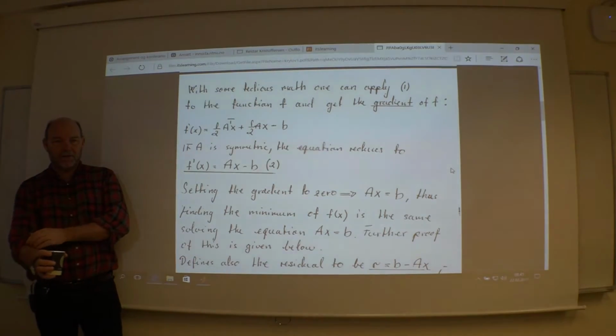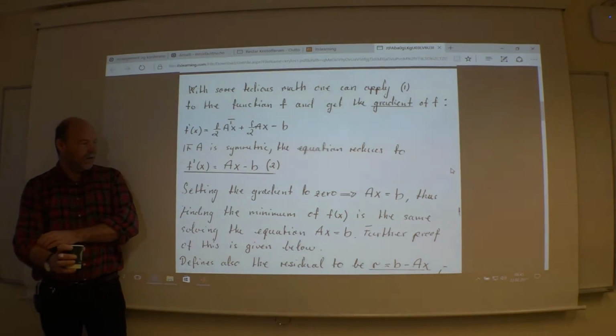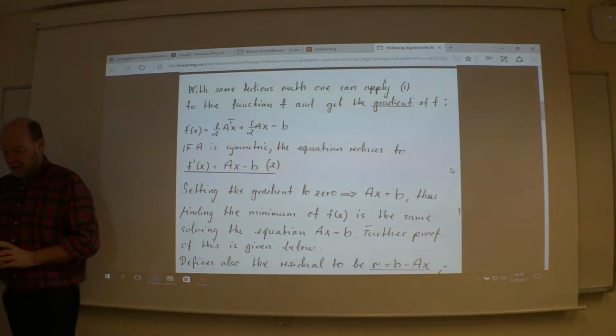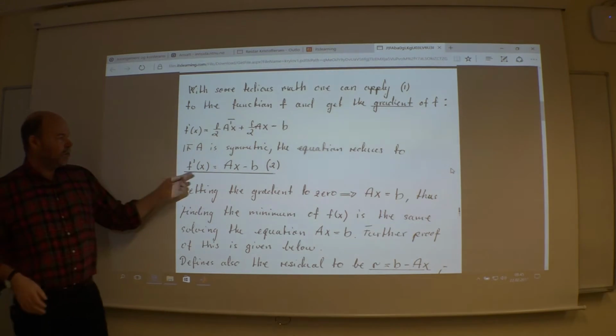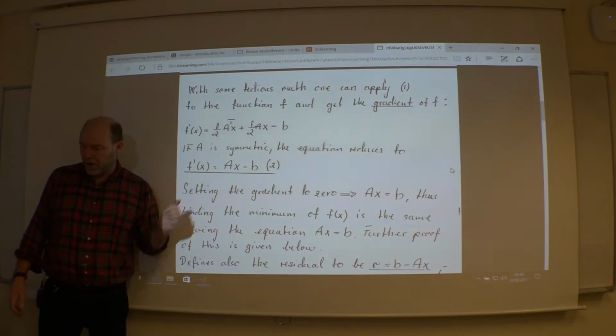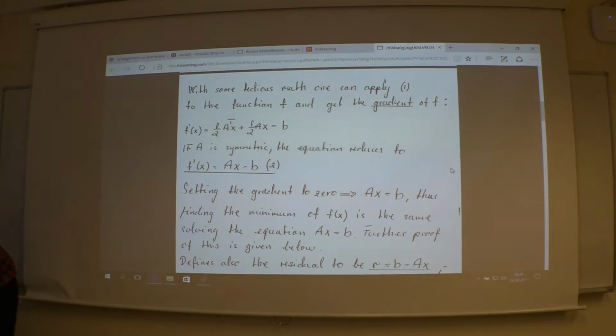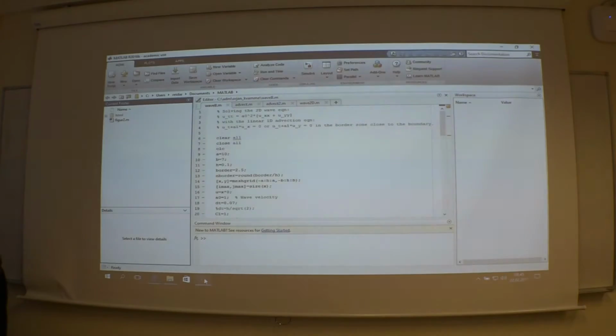That is a change of thinking. Instead of solving an equation system either directly or indirectly, you are seeking out places where a function has a minimum value. Of course, this can be done in many ways.